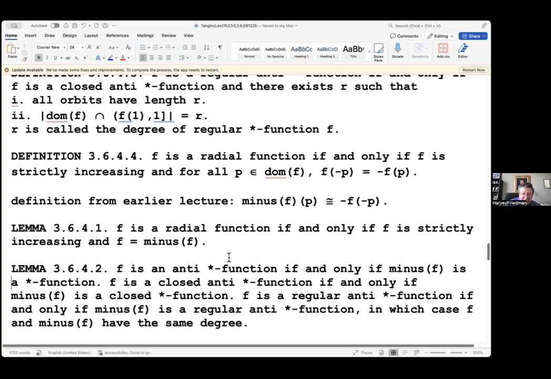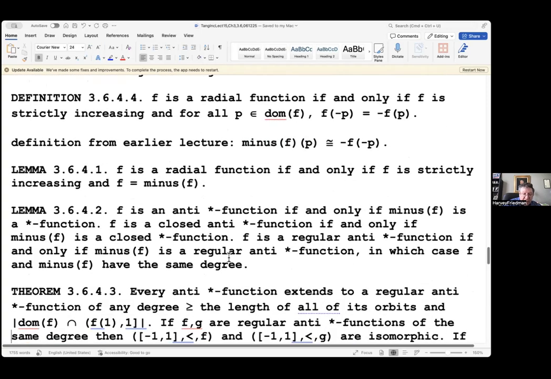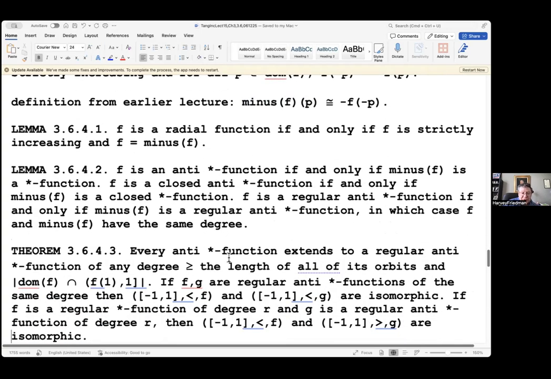And so we get some basic material here about minuses. So f is an anti-star function if and only if minus f is a star function. F is a closed anti-star function if and only if minus f is a closed star function. F is a regular anti-star function if and only if minus f is a regular anti-star function, in which case f and minus f have the same degree. That's straightforward.